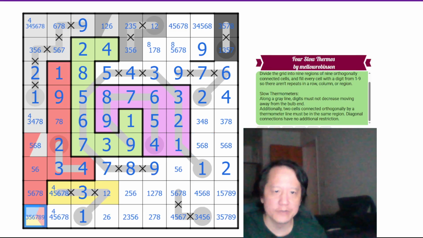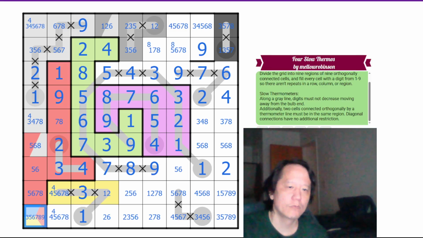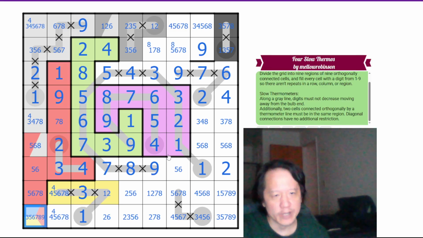It could be some other regions, so like blue. 3 of red have to be in column 1.